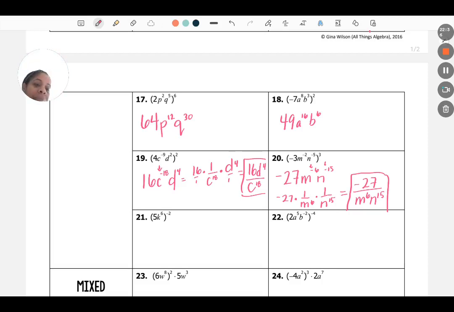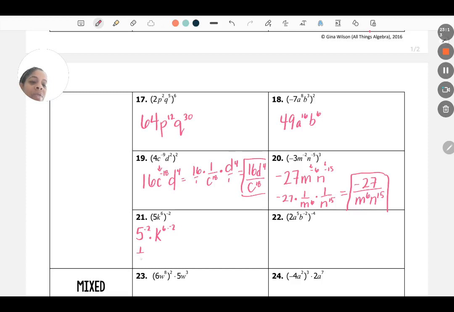All right. Then we have 5 to the power of negative 2, which would be, right, if I rewrote that as 5 to the negative 2 times 6 times negative 2, this needs to be written as a fraction, right?